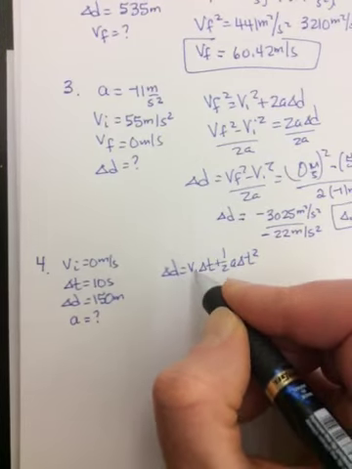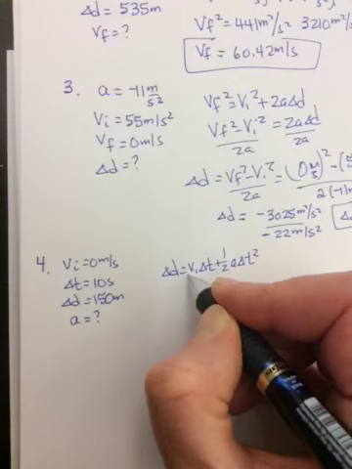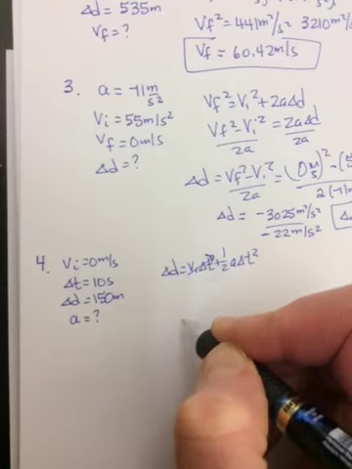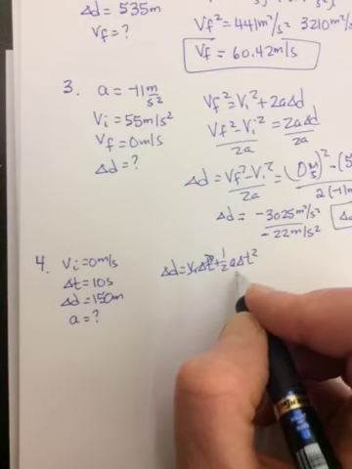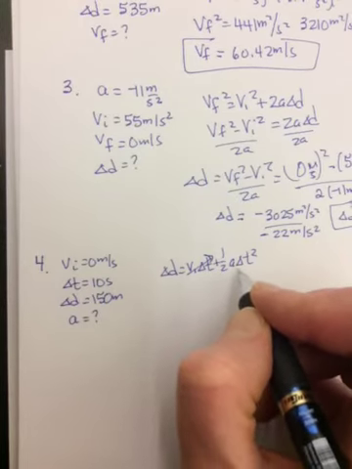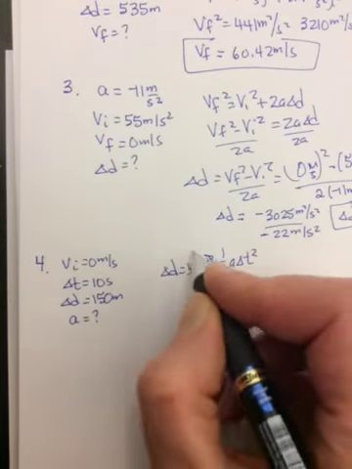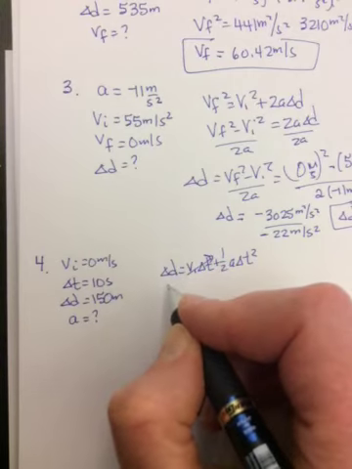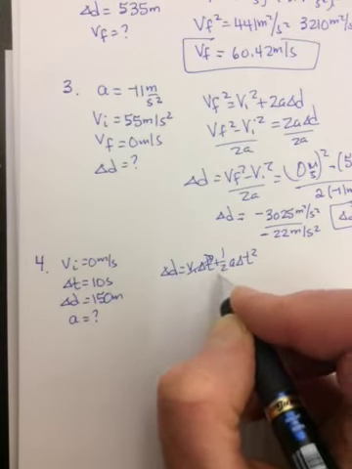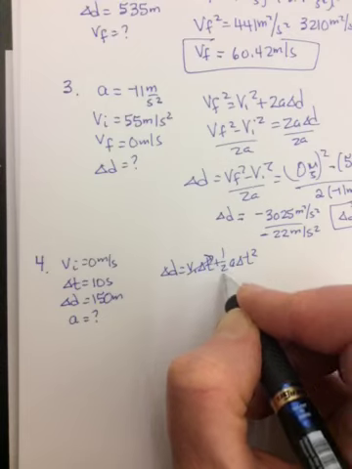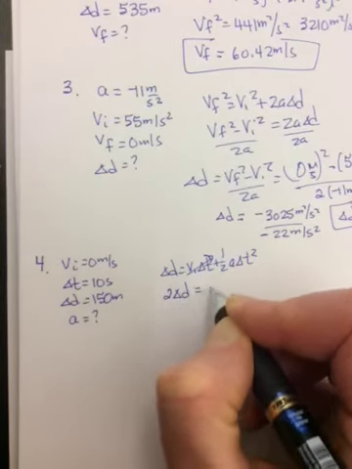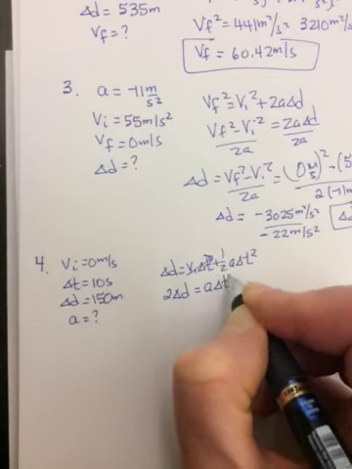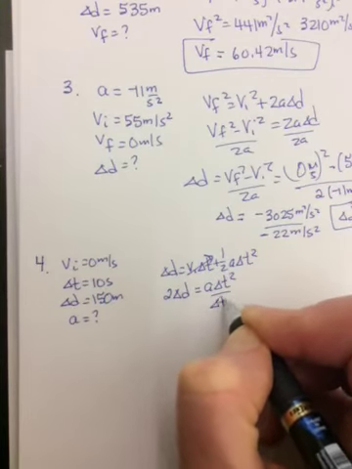Starting from rest, that means this whole front term will be 0. And so you can cancel it all out before you even start to rearrange if you want, and it'll make your life easier. You want to get the A alone. If you didn't cancel this out, then you'd have to subtract it. But since we did cancel it out, we want to get the A alone, multiply both sides by 2. So 2 delta d equals A delta t squared, and then divide by t squared.